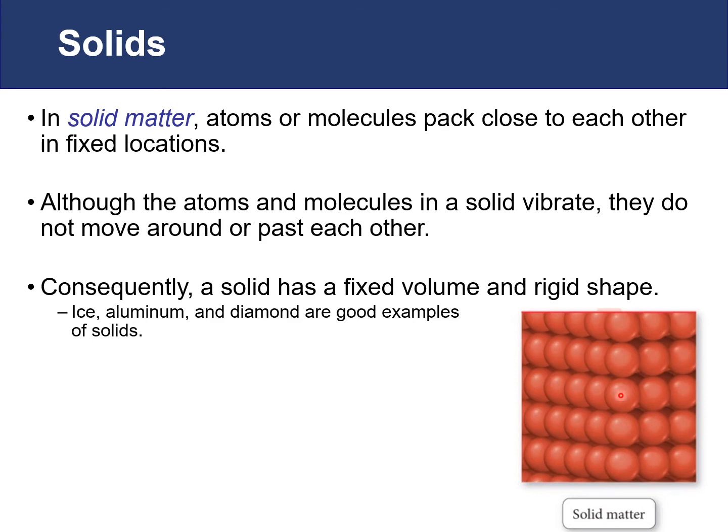Because the atoms are not able to move past each other, their volume does not change. They also have a rigid shape because the atoms, again, don't move other than vibrating back and forth in their local position. Examples of solids are ice, aluminum, and diamonds, things that you would see in everyday usage.